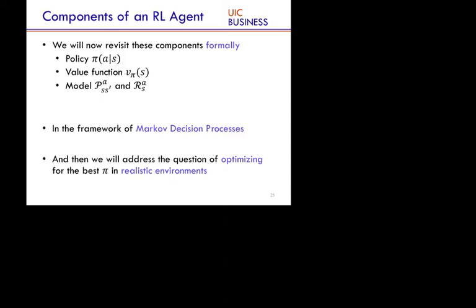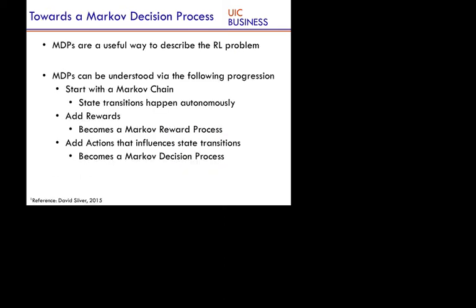Realistic environments will be the second part of this lecture, where we look at deep questions of scalability using function approximation. Optimizing is what we saw last time, and to do so we try to wrap our heads around what a Markov decision process is.